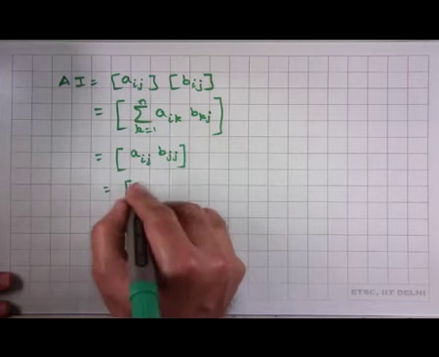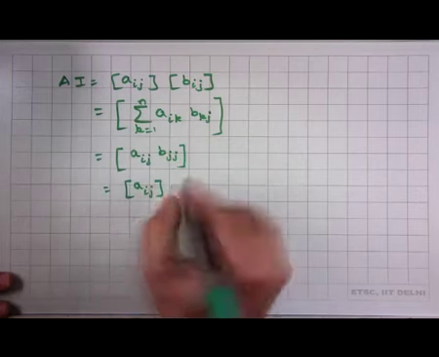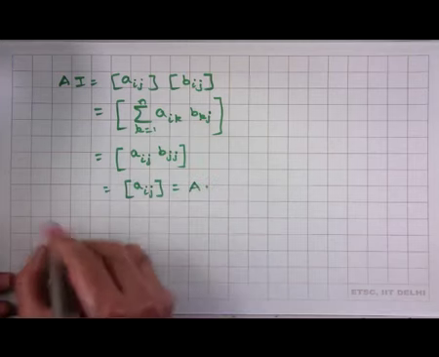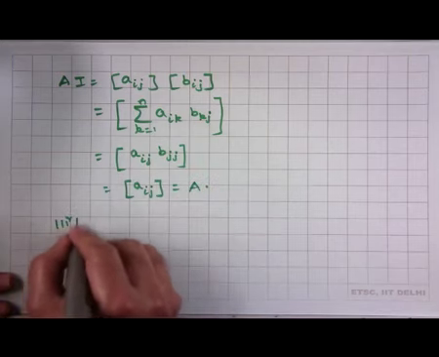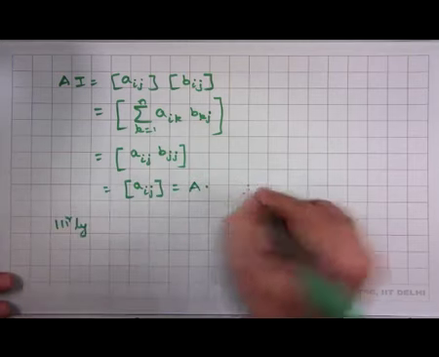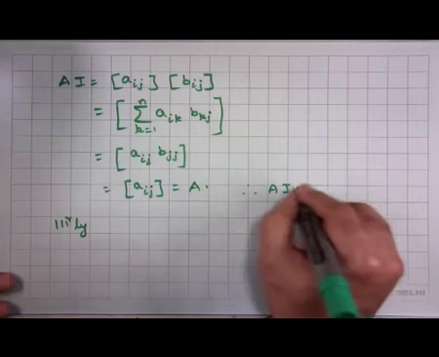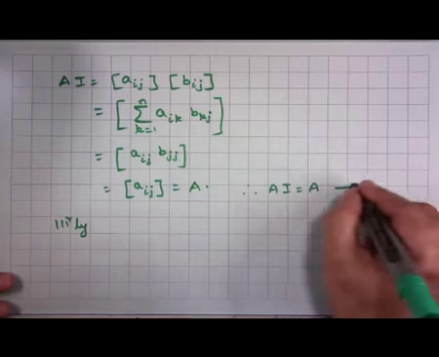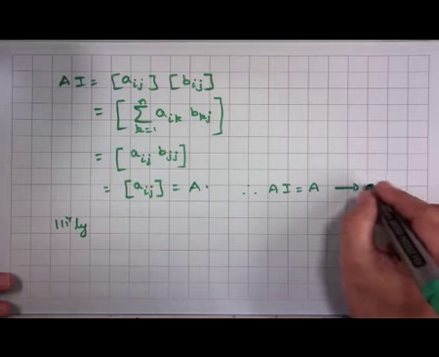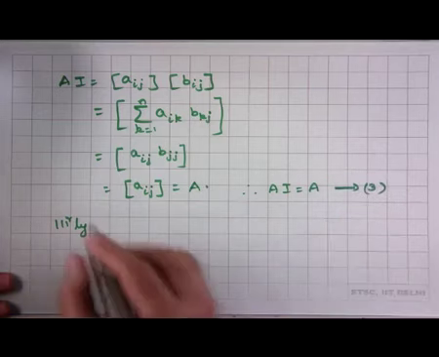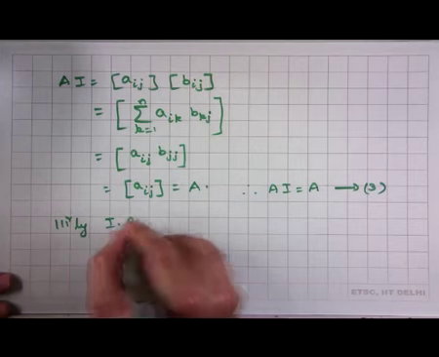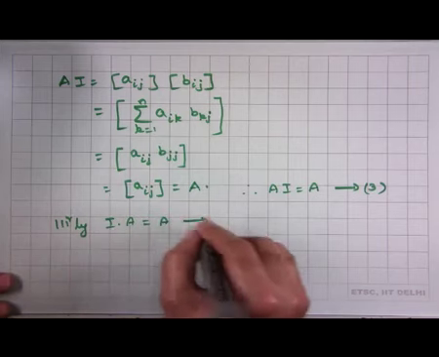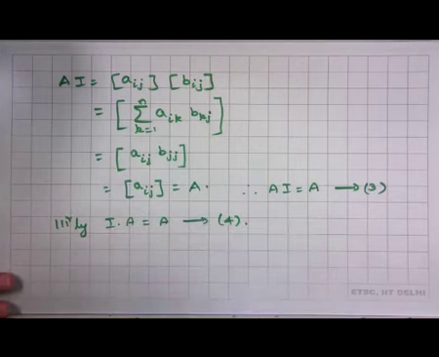So, I will just end up with Aij, which is just the matrix A. Let me mark it as 3. Similarly, I times A is also A, we call it as 4.